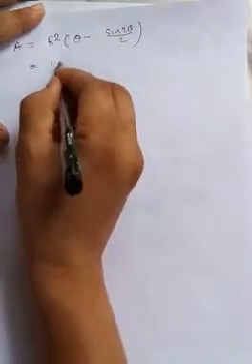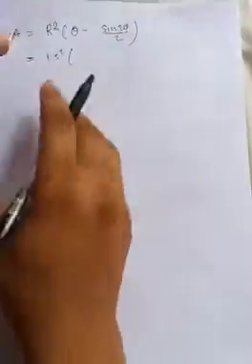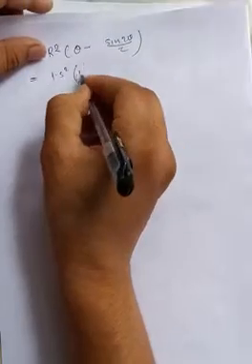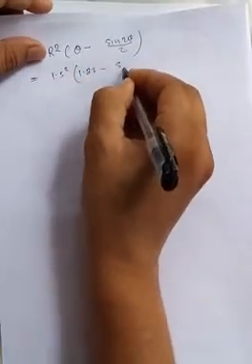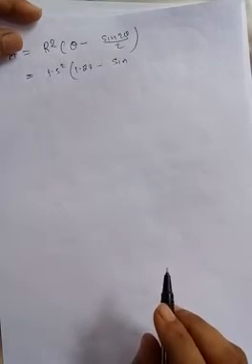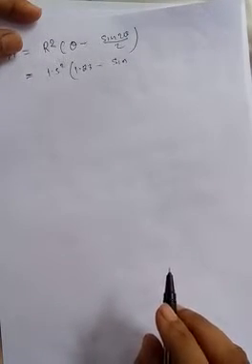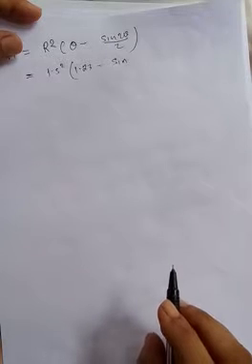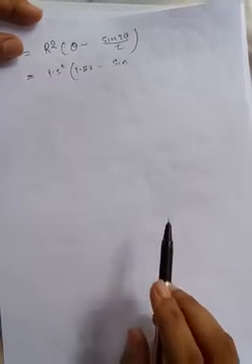R is 1.5 square. What is the value of theta in radians? Just check the value of the radians, 1.23. So it will be 1.23 minus sin 2 theta. What is the angle here? 2 theta. You got theta, here you have to substitute it in degrees.